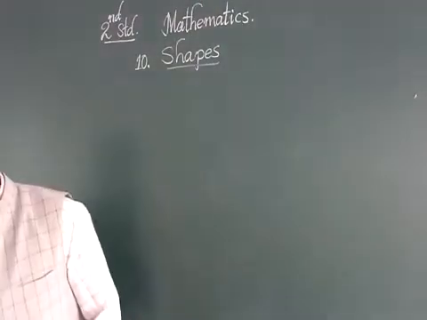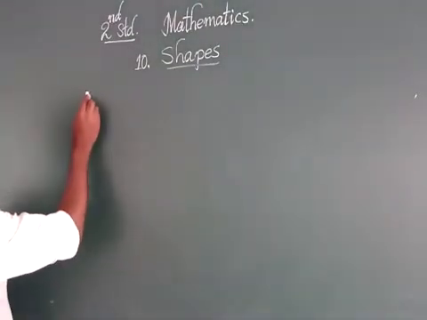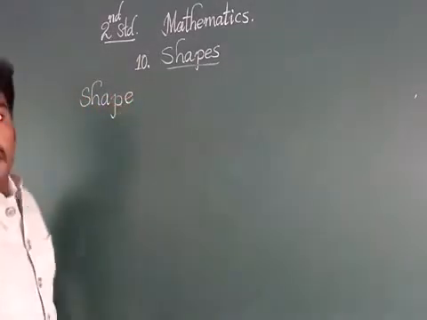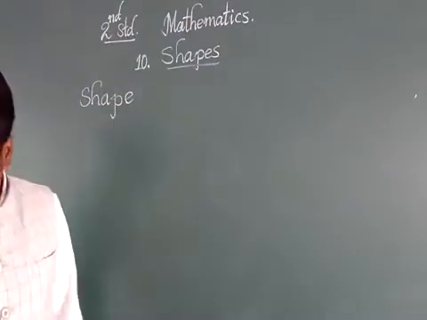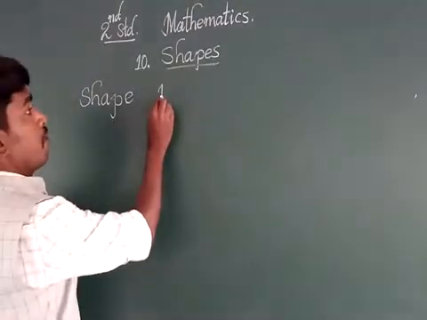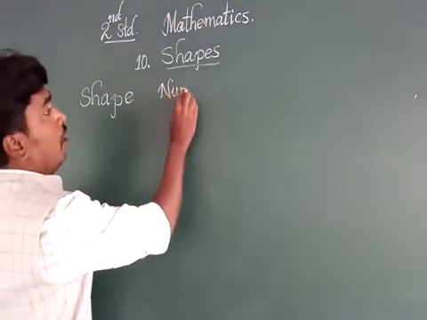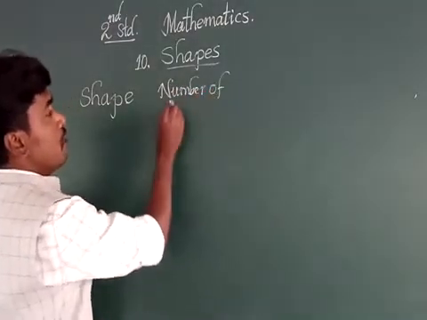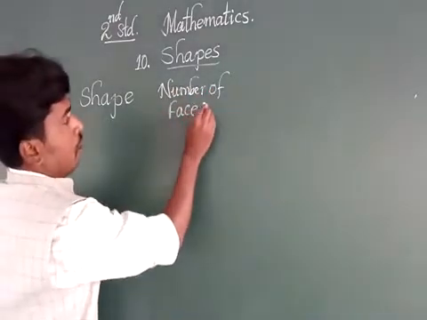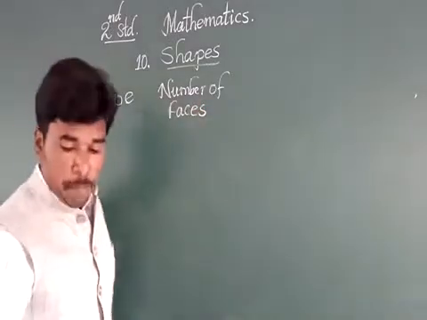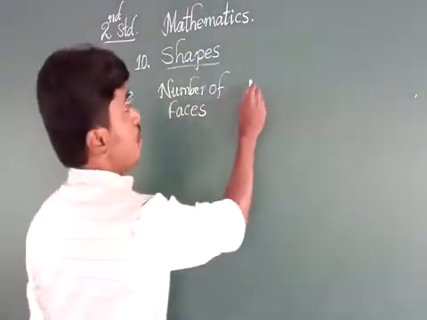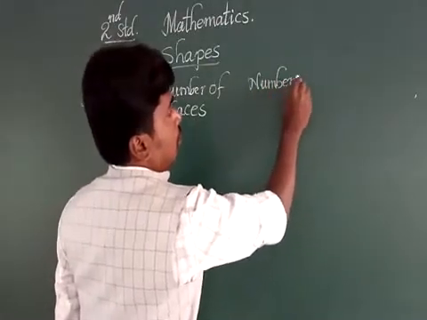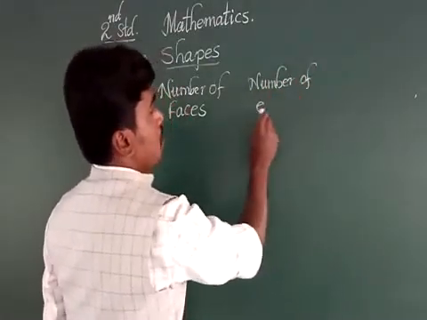So in the first column you can write it as shape. Next, number of faces. In the next, number of edges.